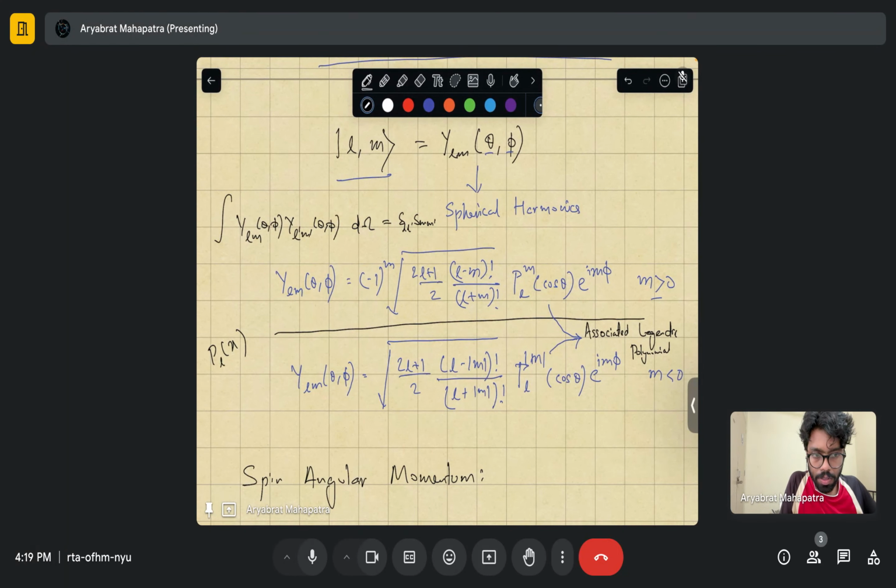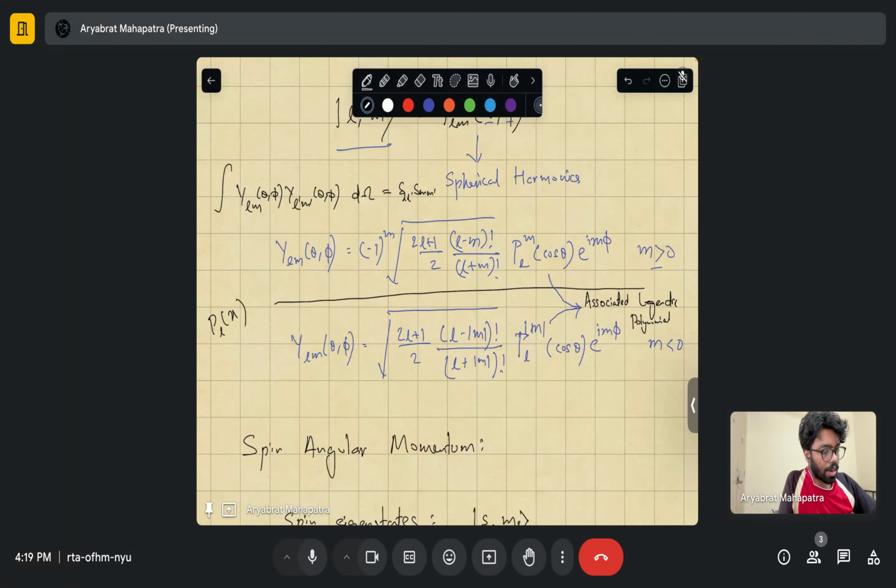Okay, thank you. So for m greater than zero, you basically have this form, and for m less than zero, you have a different form. There you have P_l with magnitude of m, cos theta. That is your different form of the associated Legendre polynomial.